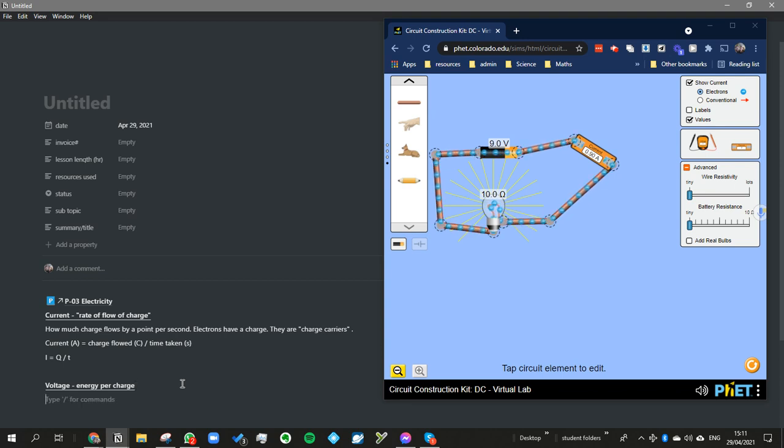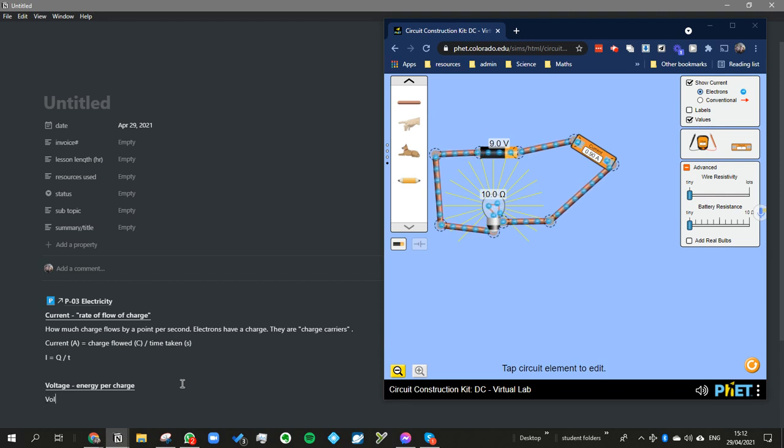If I have a load of electrons, which amounts to a particular amount of charge, then we want to know how much energy all those electrons have collectively. So if you have enough electrons that add up to 1 coulomb of charge, and they have 1 joule of energy, which is the unit of energy, then the voltage is 1 volt.